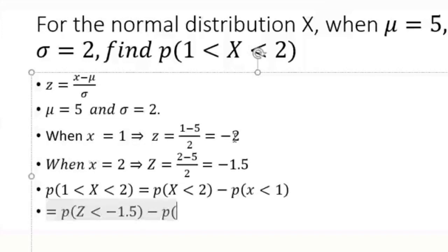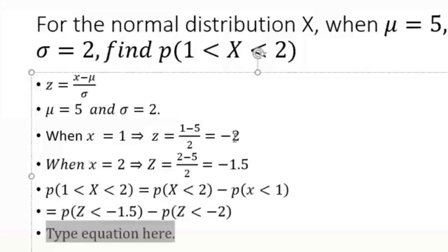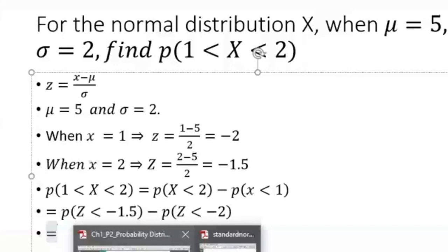Okay. So go back to the table now and find what the values are. Z less than minus 1.5: the table value is here, minus 1.50, 0.0668.